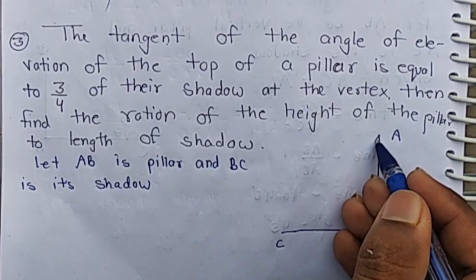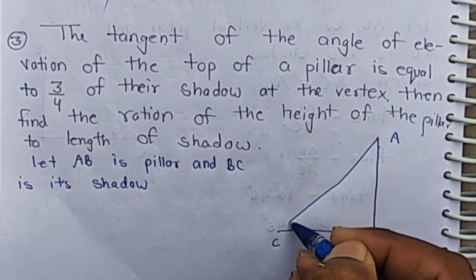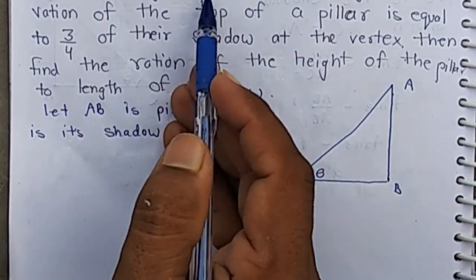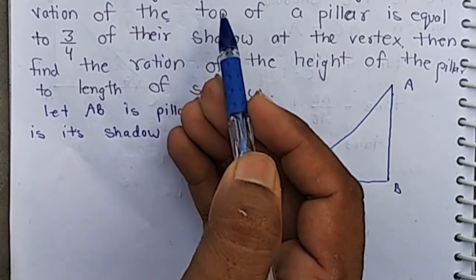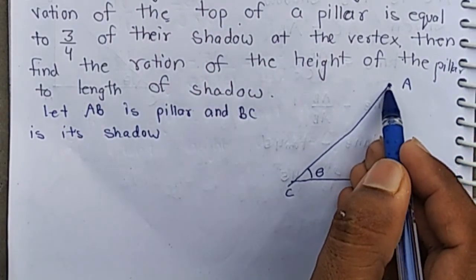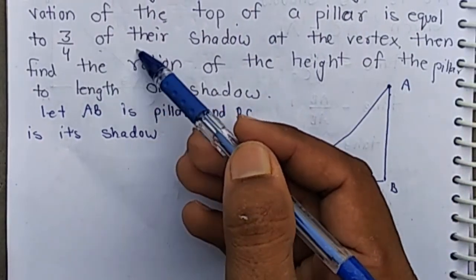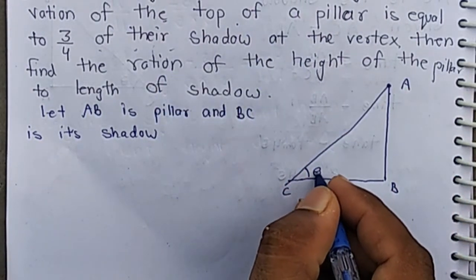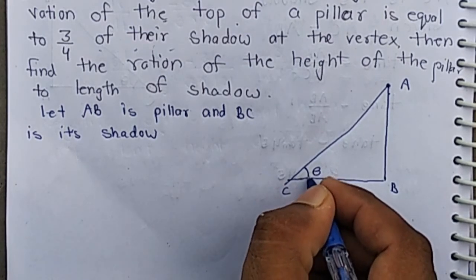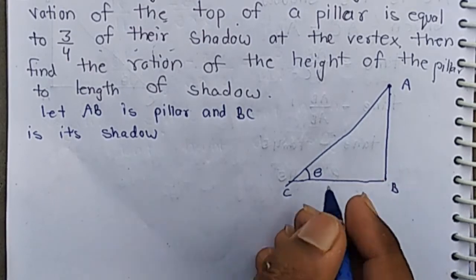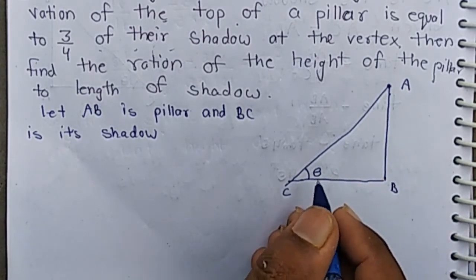Now the angle of elevation means this angle theta is given. The tangent of the angle of elevation of the top of a pillar means the point A is 3 by 4 of their shadow at the vertex. It is theta.